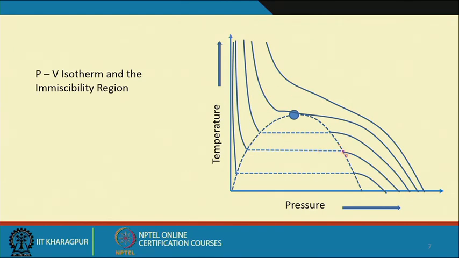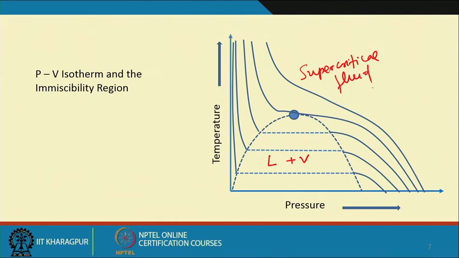The similar diagram can be explained on the basis of what we know from the fundamentals, the PV isotherm. These are the different pressures, and this is the critical temperature of water, and this dotted curve here represents the situation in which there will be coexistence of liquid plus vapor, and this region will correspond to a supercritical fluid.